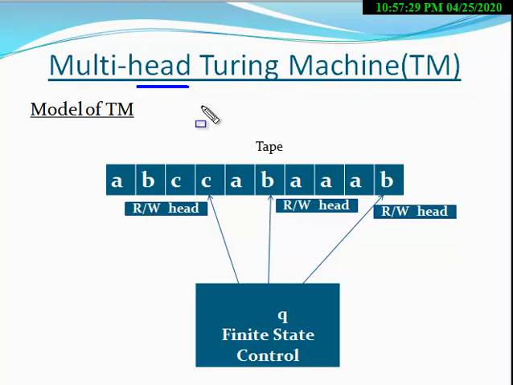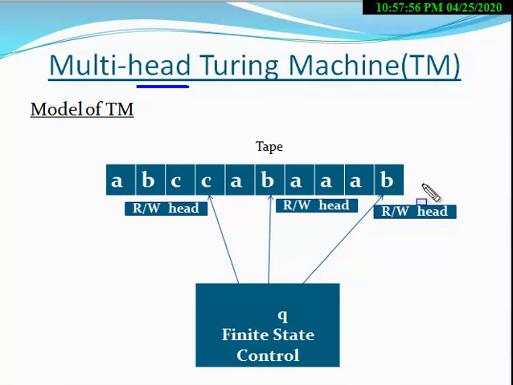But the number of tapes used here is only one. Only one tape will be used here, but the number of heads will be more than one. Here we have shown a particular model, and we have considered 3 heads. So a single tape will be used here.